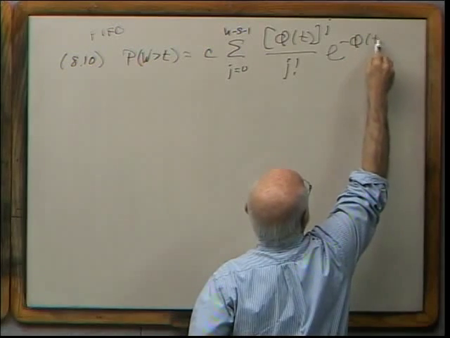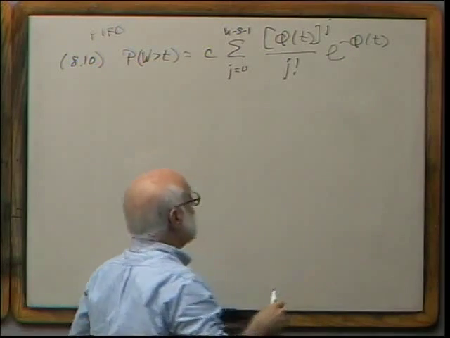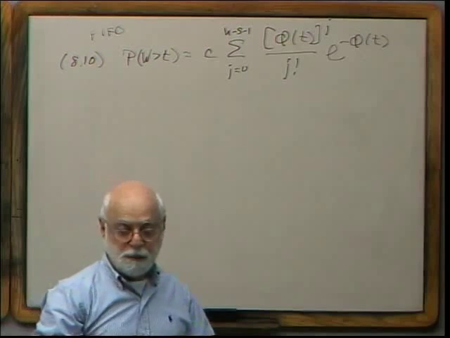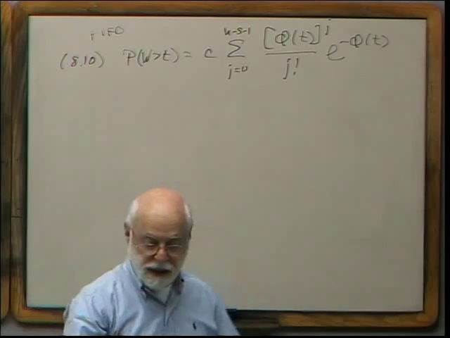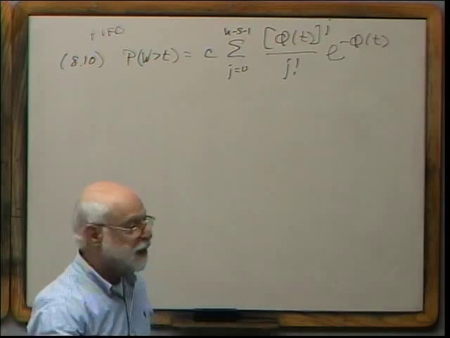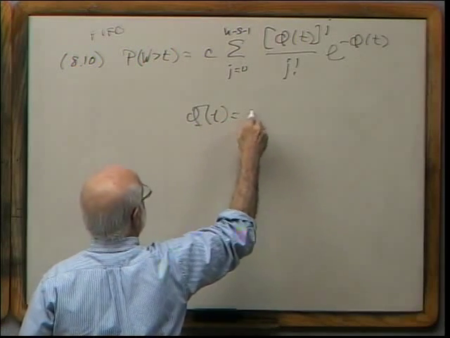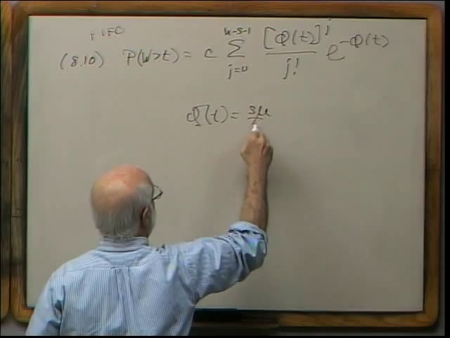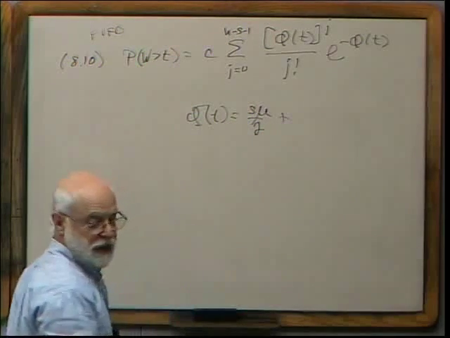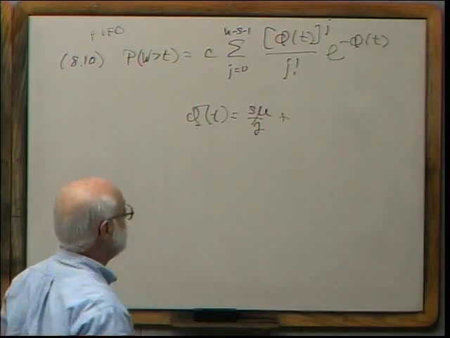In other words, the phi function is given in the book, and it's a function of t. Actually, phi of t is equal to s mu over gamma plus s mu t. So it's easy to compute.